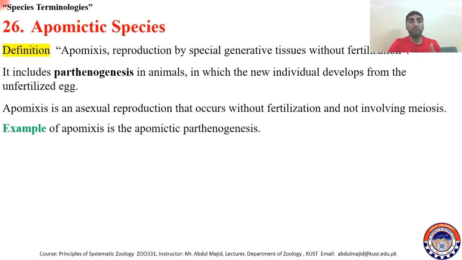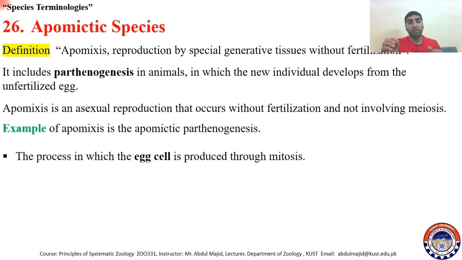And again, the case is the Apomictic species. Here the individuals develop through parthenogenesis. But the difference is that here meiosis is not involved, whereas in the other case the haploid egg will develop into an individual.